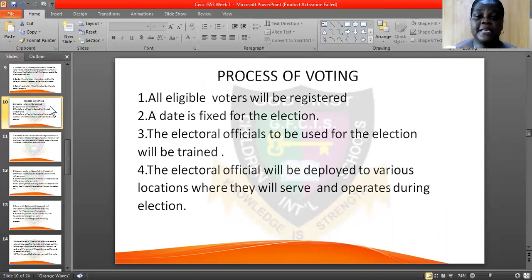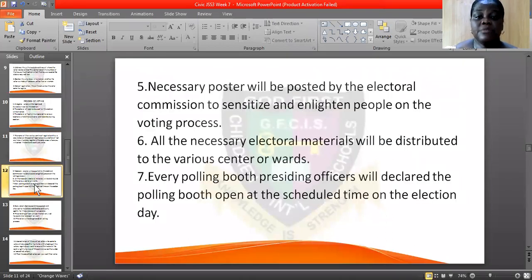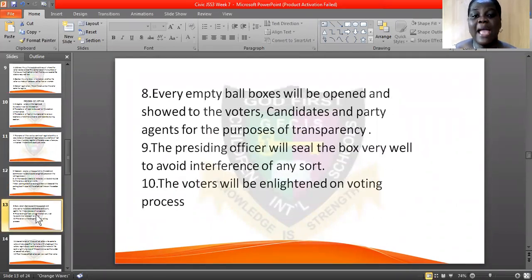Then the process of voting includes: an eligible voter must register, the date must be fixed, then the electoral officials will be recruited to serve and deployed to various locations. Not only that, the names of the wards and centers will be registered, and the necessary posters will be posted by the Electoral Commission to sensitize the people. All the necessary electoral materials will be distributed, and every polling booth presiding officer will declare the election open, and they will empty the ballot box to ensure that there is transparency.